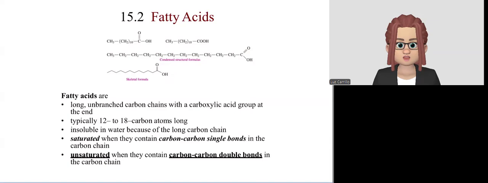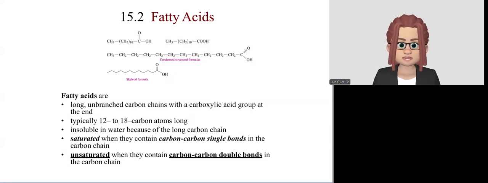Fatty acids are going to be unbranched, and they have a carboxylic acid at the end. So that's why they're called fatty acids. Typically, they're 12 to 18 carbons in length, but there are, of course, fatty acids that are longer than that.